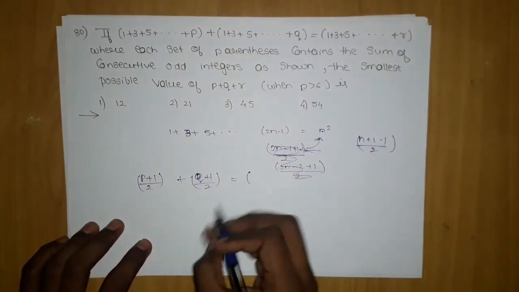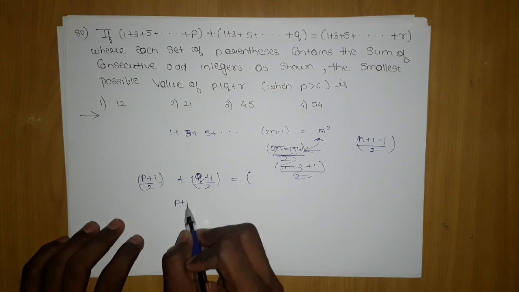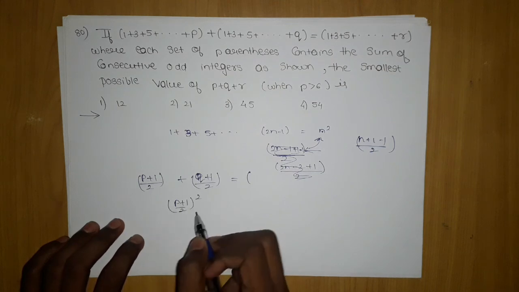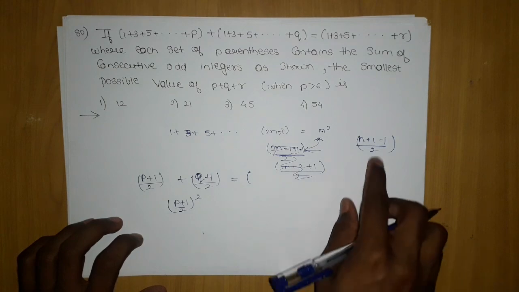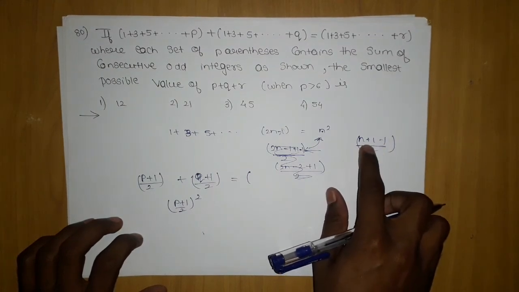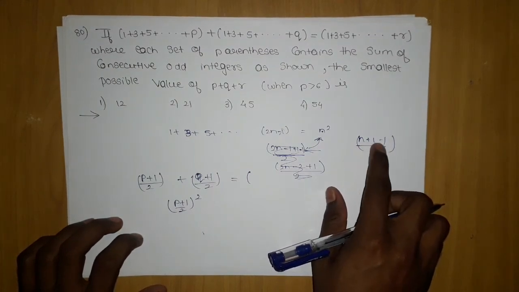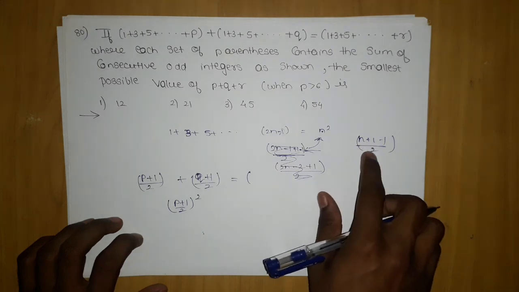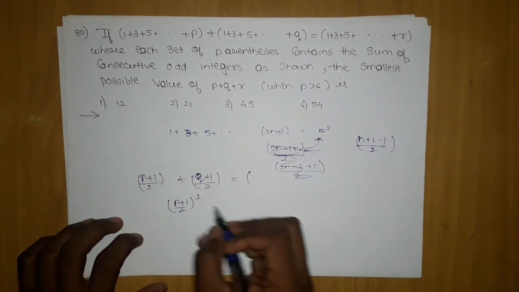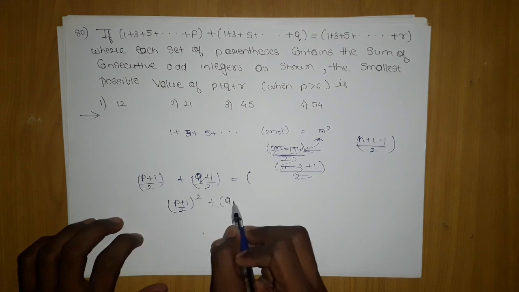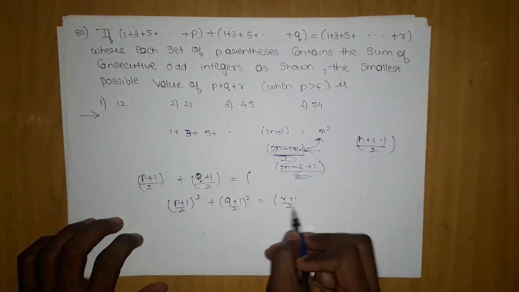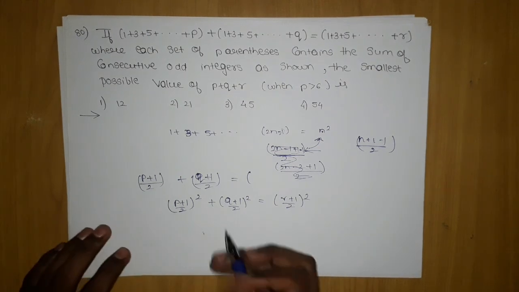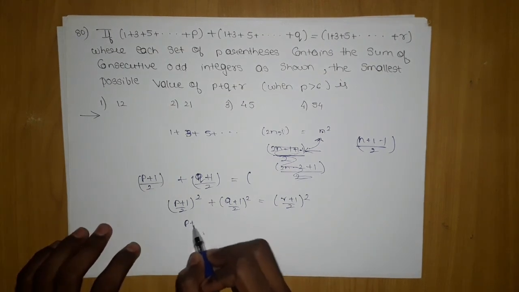So since they are the last term, we will write p plus 1 by 2 the whole square. Assuming that there is a minus sign, they will become same only, minus will cancel out. If I add plus 1 and minus 1, 2 will cancel out with 2, still n will be left, plus q plus 1 by 2 the whole square. We have already discussed this problem in very detail, that's why I'm not going into much detail.